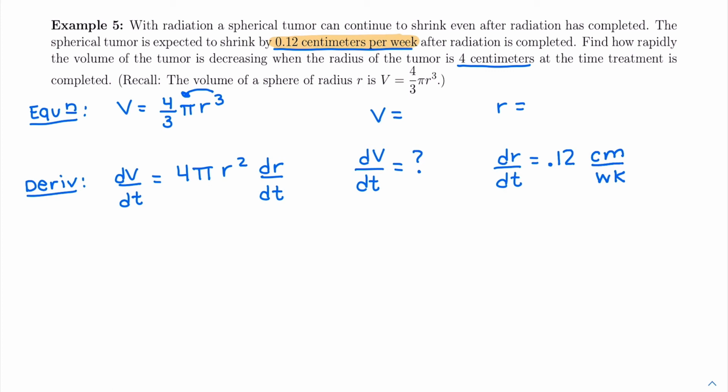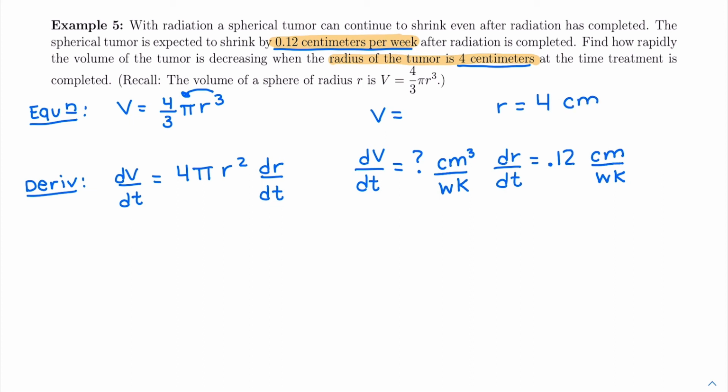So we're going to figure out how fast the volume is changing, which is going to be in cubic centimeters per week. Because if the radius is in centimeters, the volume is in centimeters cubed, and our time is in weeks. And we know the other number says the radius of the tumor is currently 4 centimeters at the time of treatment being completed.